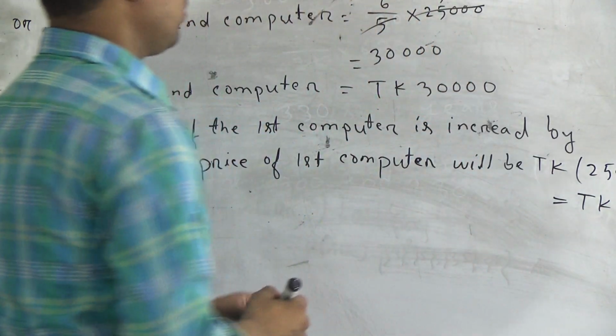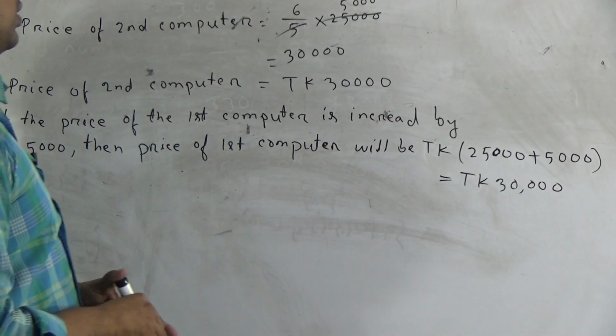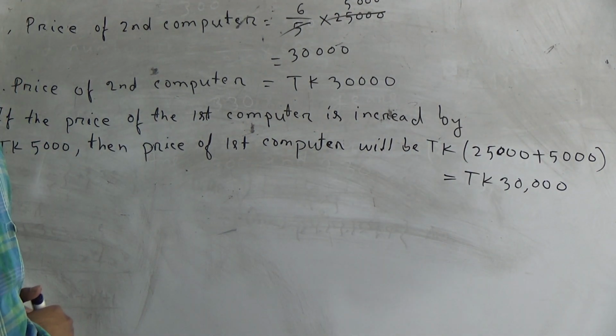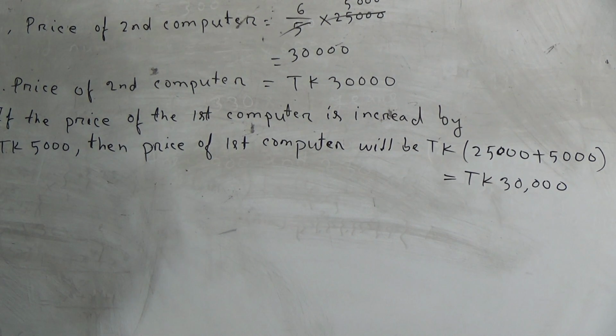Dear students, now the price of first computer is TK 30,000 and the price of second computer also is TK 30,000. Now we will find out the ratio.